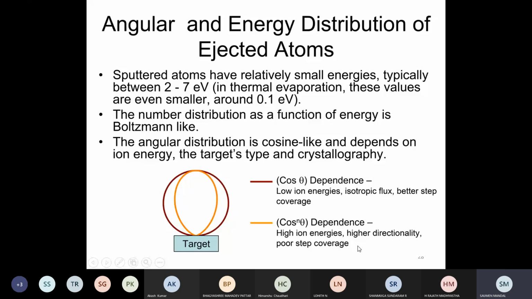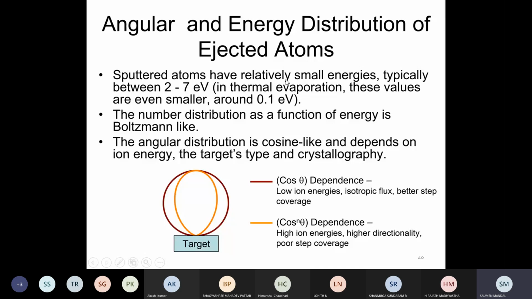Suppose the substrate is not flat and some trench is there. Like if you go for focused ion beam, you may get some nano trench. If you want to deposit material in that trench, maybe you have to think about the cos theta dependency. Now how it will come, let's just go through.